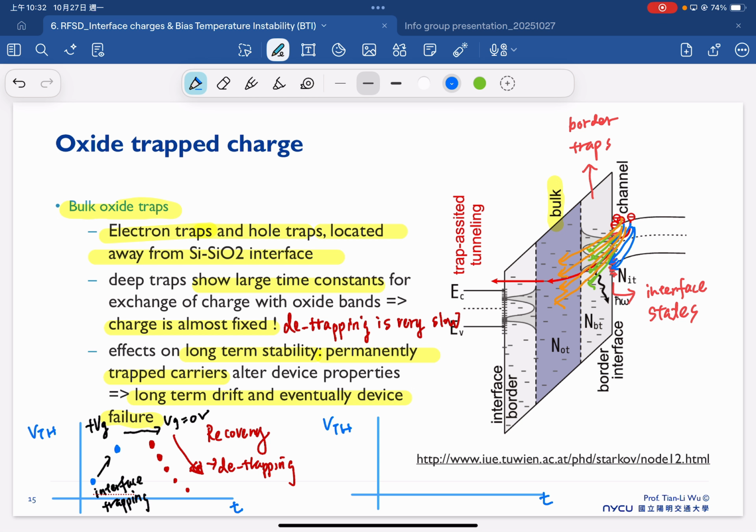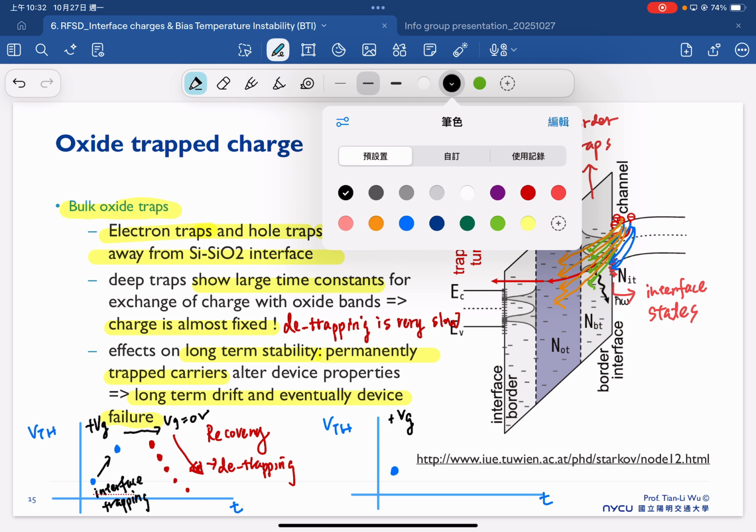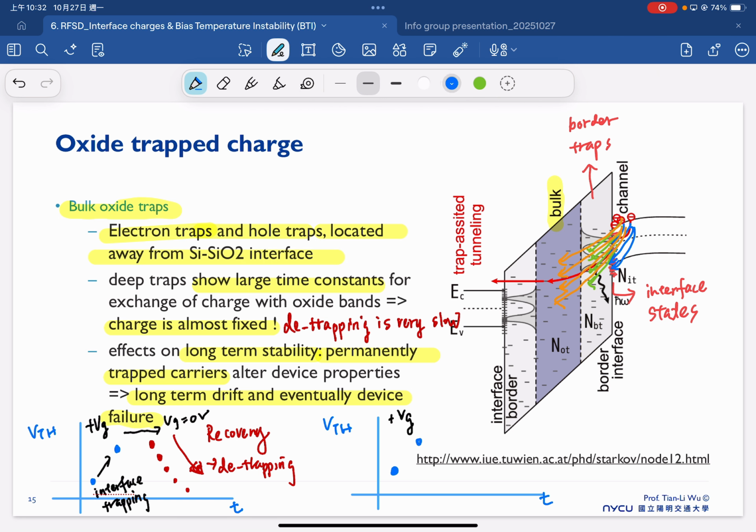In the beginning, we have the threshold voltage here, but now we apply the gate bias, and if the gate bias is large enough, we might start to see the threshold voltage shift to the right. Because we now apply a larger gate bias, the bulk trapping can happen.